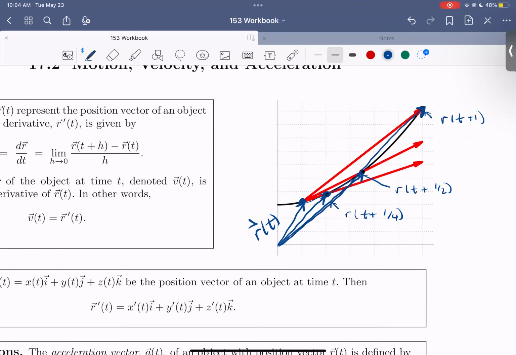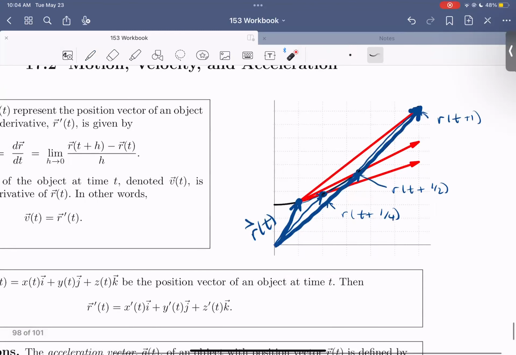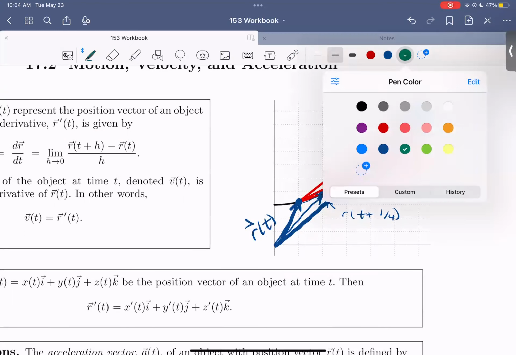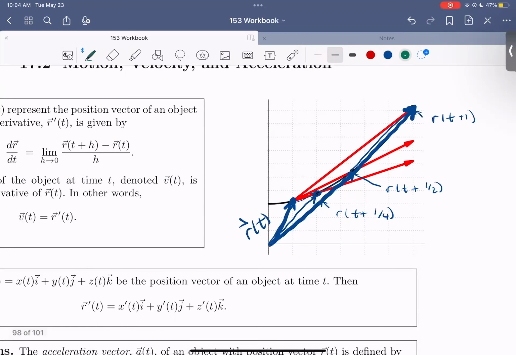So then here, as I move along, I get these other r of t vectors. Okay, so let's just compare the largest two: r of t and r of t plus 1. So when I take the difference, r of t plus 1 minus r of t, that is the vector ending at r of t plus 1, moving to r of t.